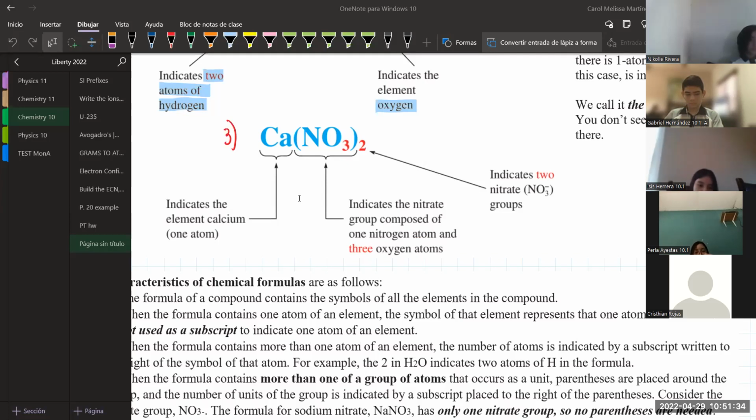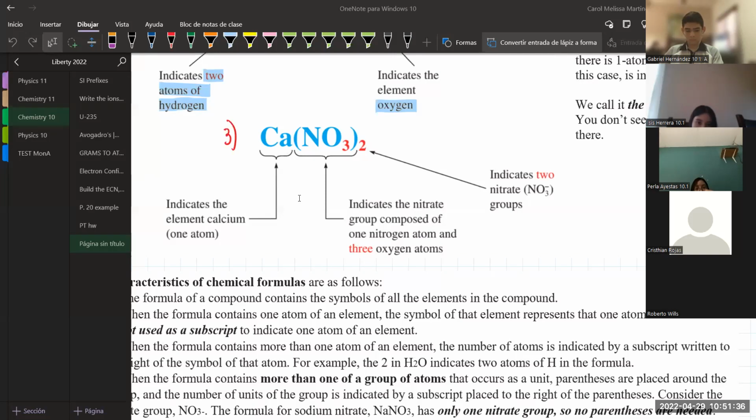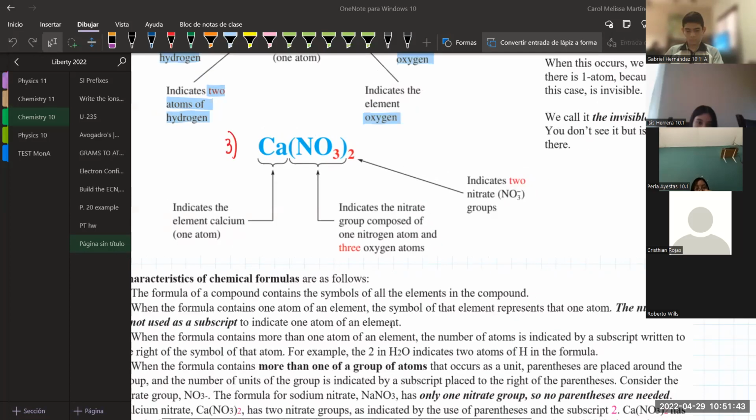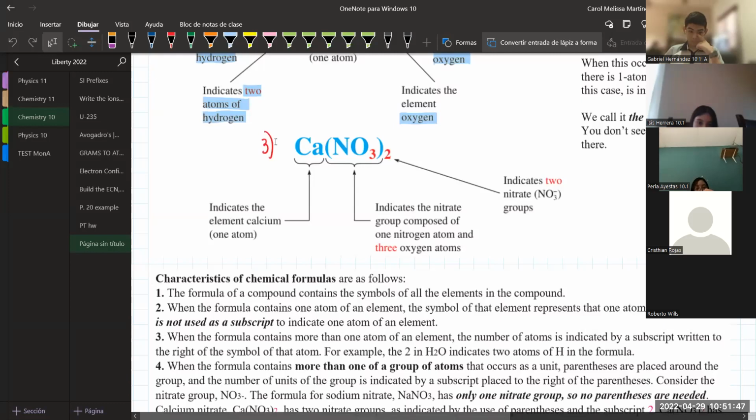Now, in this kind of example, it is very important that you are very careful with the parentheses. Some more complex formulas are going to include parentheses.